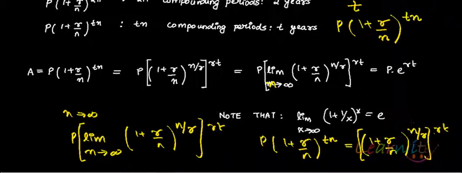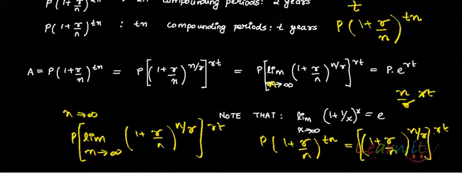So n/r into rt will be only nt. You've just divided and multiplied this nt term by r.